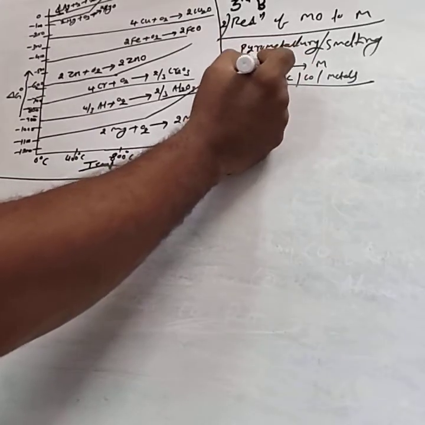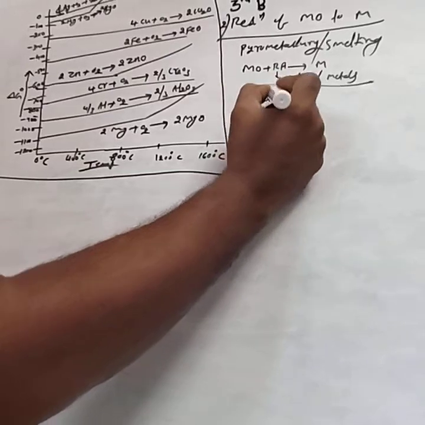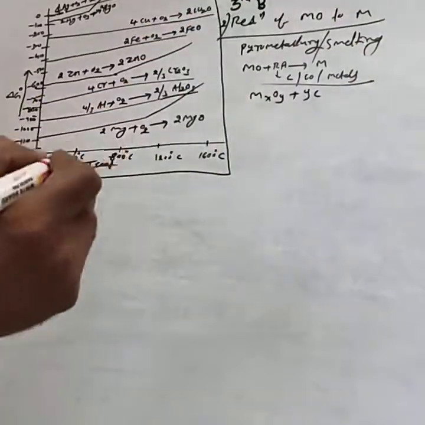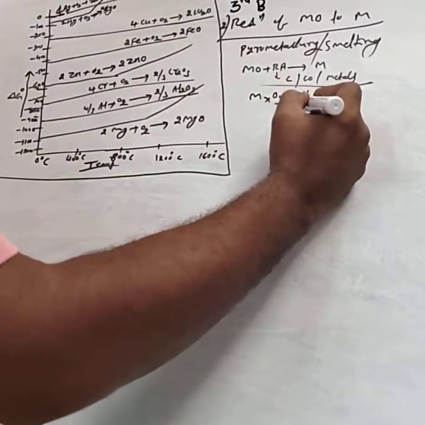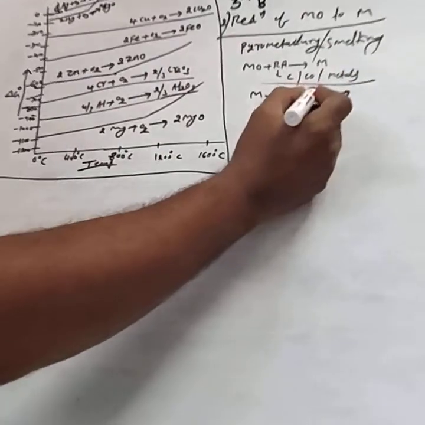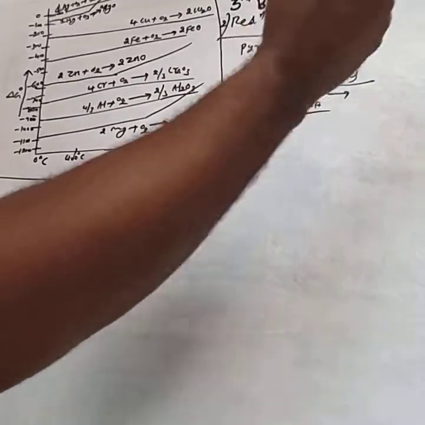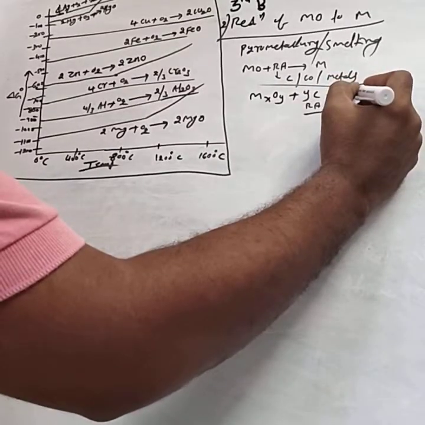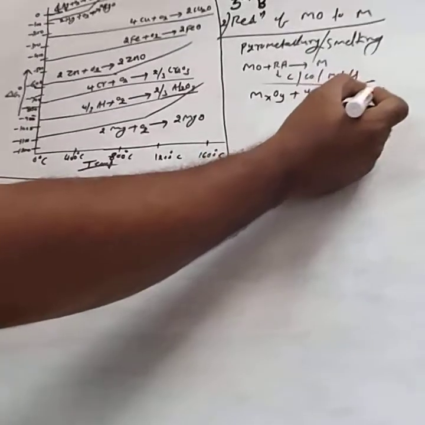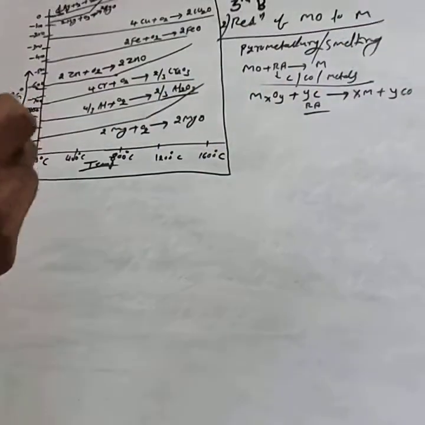It combines with oxygen of the metal oxide and forms x moles of M, metal oxide reduced to metal, and forms y moles of CO.